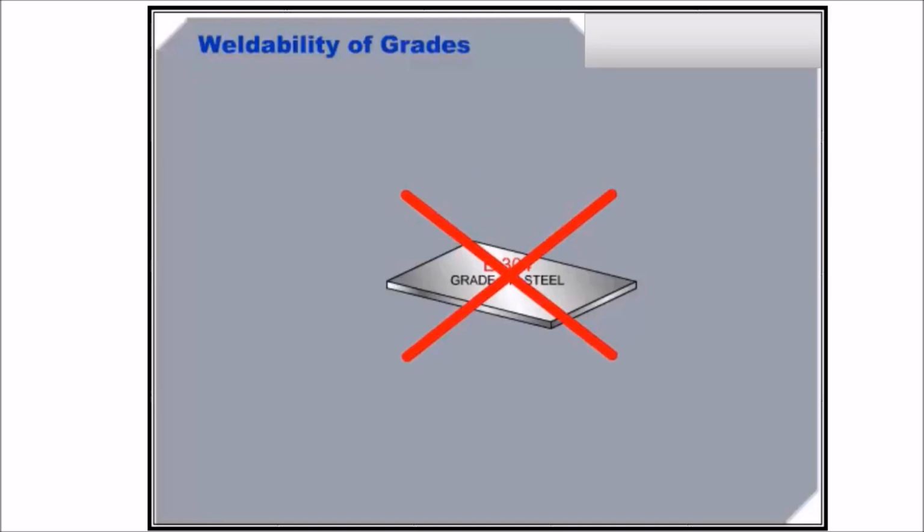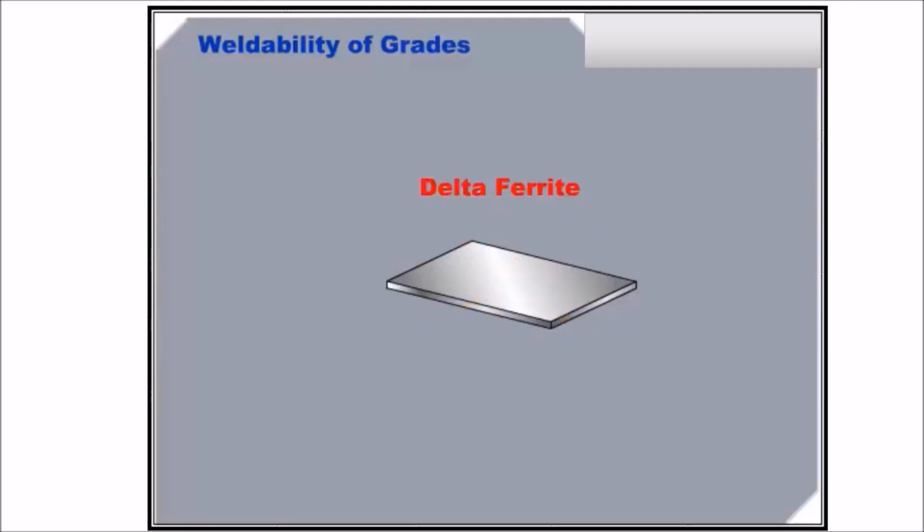The problem is solved by controlling the composition of the base and filler metals to promote the formation of a delta ferrite phase, which helps eliminate the hot short cracking problem. Typically, cracking will be avoided in the austenitic stainless steels by selecting filler metals with a delta ferrite percent of 4 to 10%.